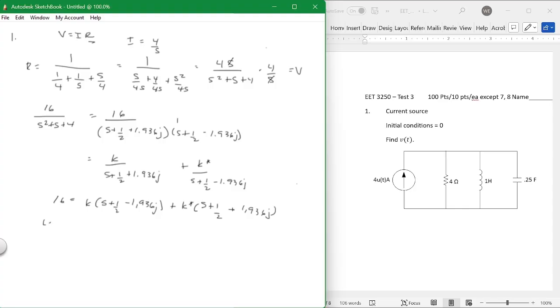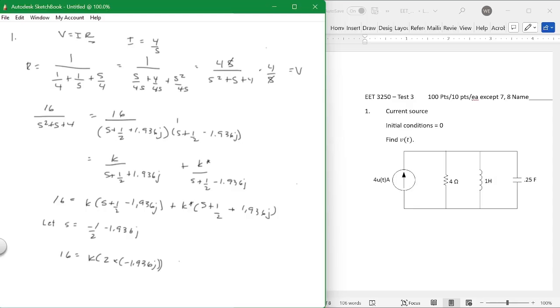Let S equal minus a half minus 1.936j. 16 is equal to K times 2 times minus 1.936j, okay?